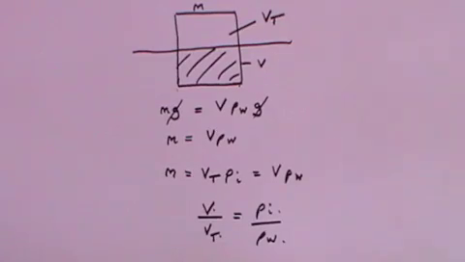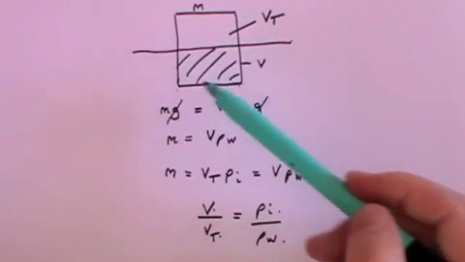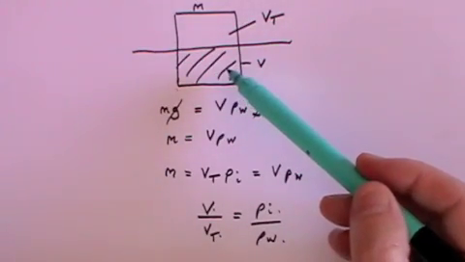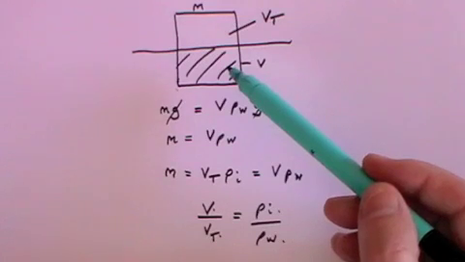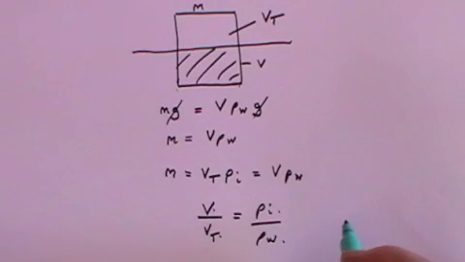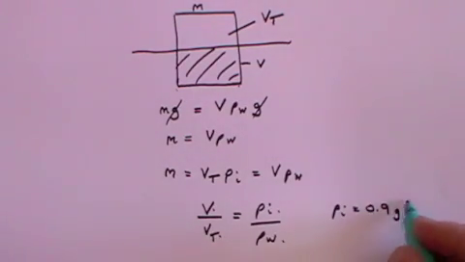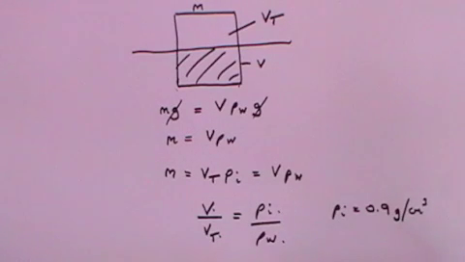Now, in the case of an iceberg, or indeed any floating object, what is the proportion of the volume of the object that is underwater? Well, you can deduce that if you know the respective densities. In the case of ice, the density of ice is approximately 0.9 grams per cubic centimetre. And the density of water is approximately 1.0 grams per cubic centimetre. That's approximately the density of seawater.